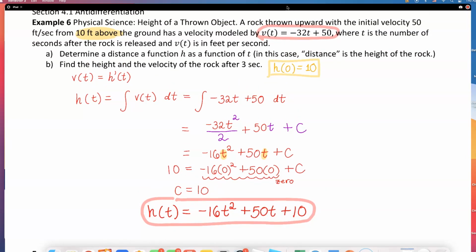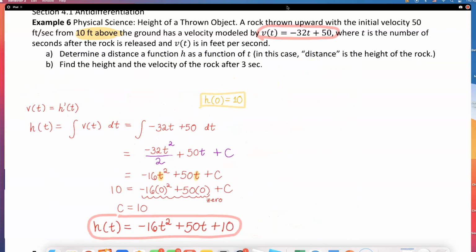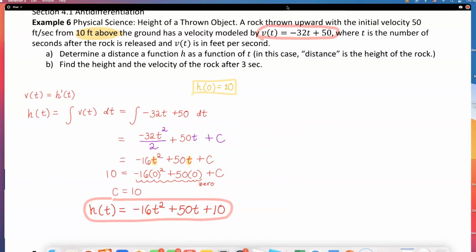Now what's next? Part B, they said, find the height and velocity of the rock after 3 seconds. We have all the functions we need, so we can do that. First, height after 3 seconds is finding h of 3.